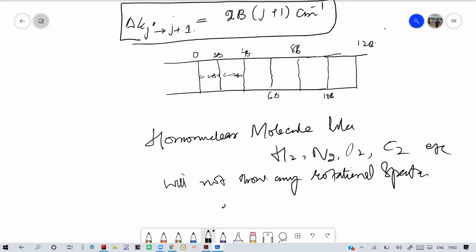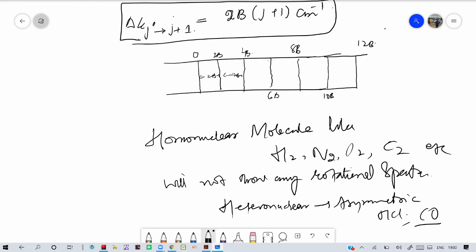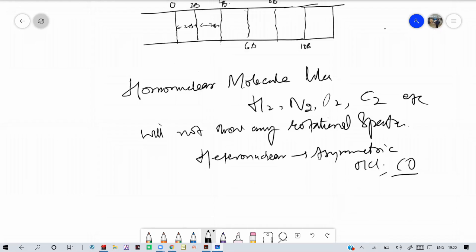While heteronuclear molecules, which are asymmetric, for example HCl, carbon monoxide, these show rotational spectra.